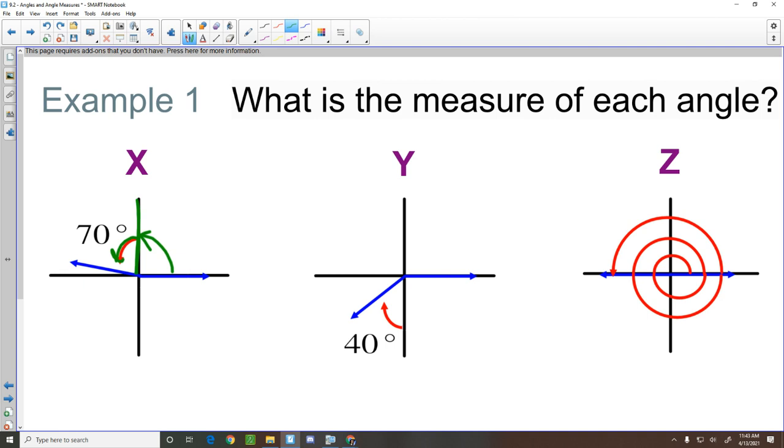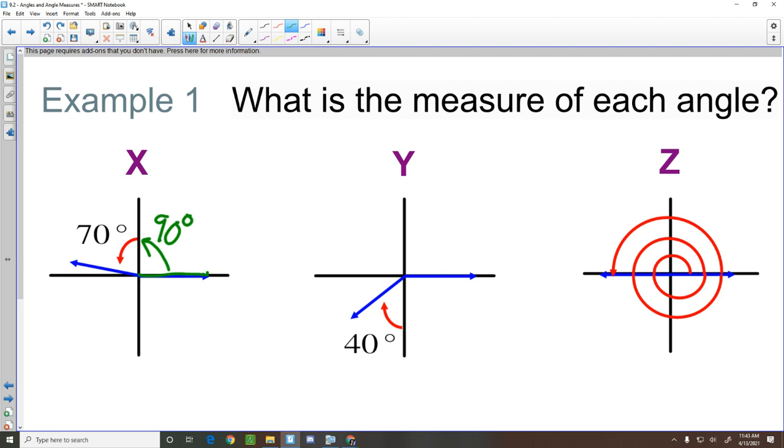All right, so for this one right here, here's what we would think about. We start from the initial side, which is on that positive x-axis, and I'm rotating counterclockwise to get to the terminal side. From here to there, we know that that's one complete quadrant, which would be 90 degrees.